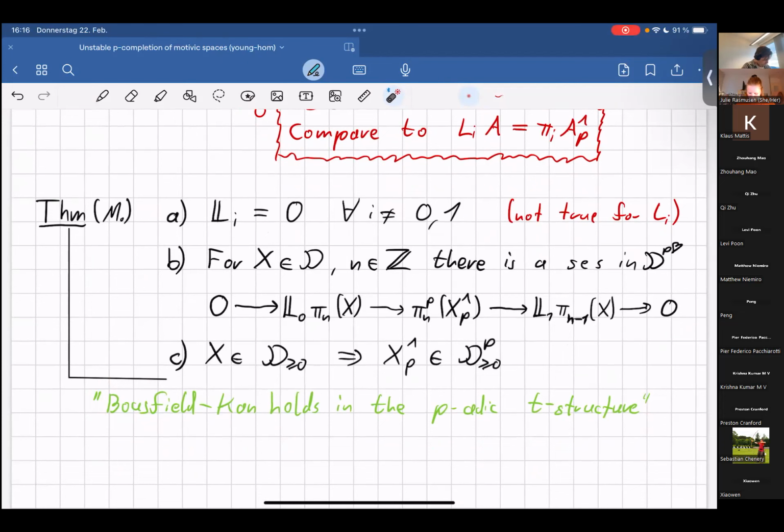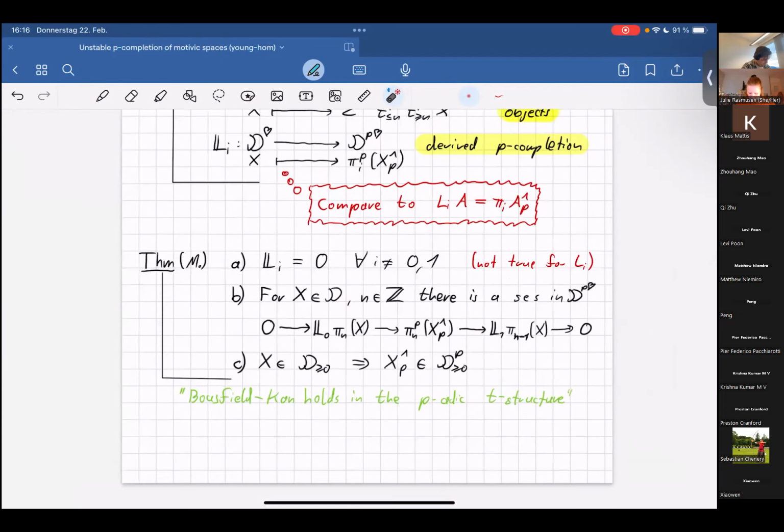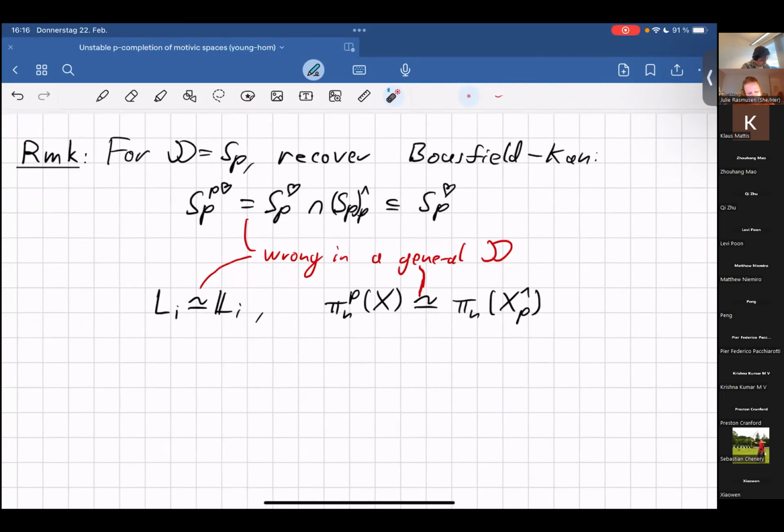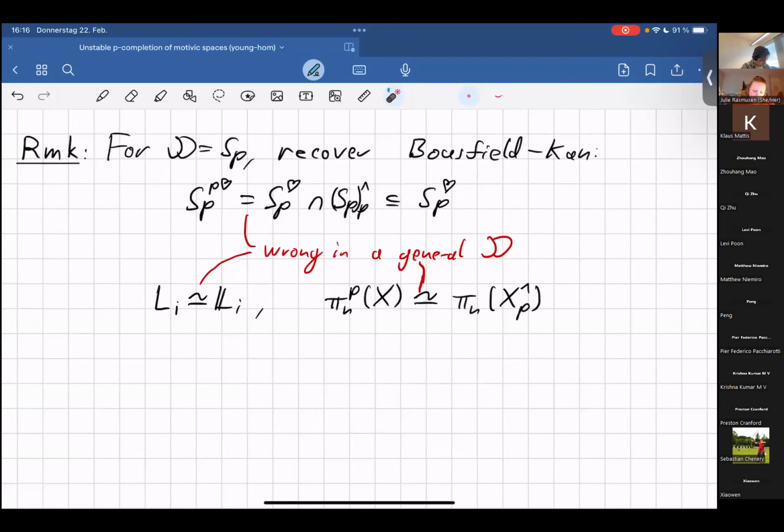So, one thing you can ask is, okay, if we go back to the category of spectra, does this give something new, or is this the same? And it turns out that in our special case where D is the category of spectra, this T structure and this new result recovers the original Bousfield-Kan lemma, because here we see that the p-adic heart is actually the intersection of the normal heart with the p-complete objects.